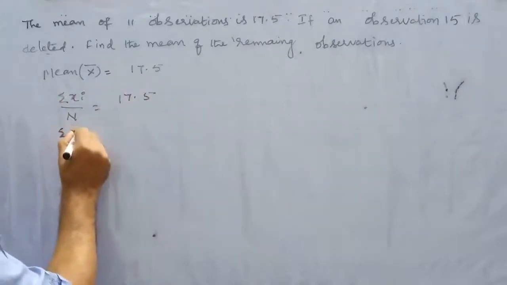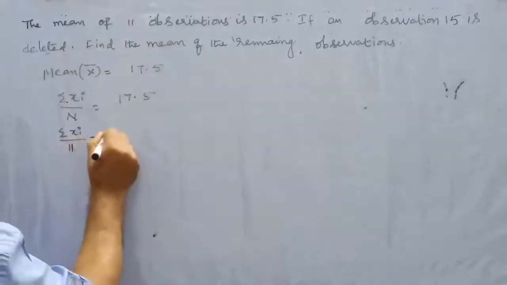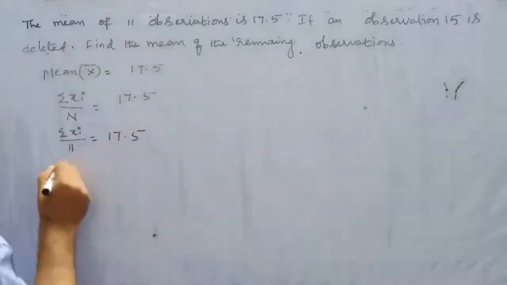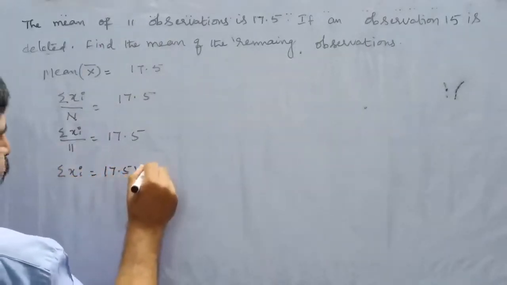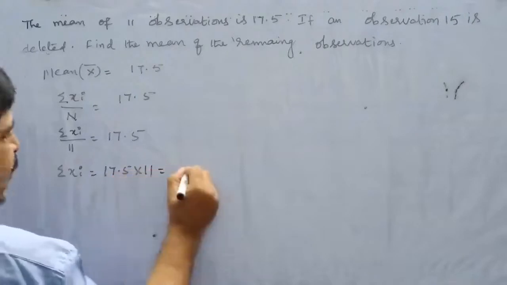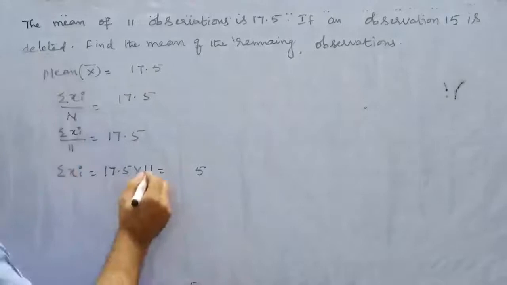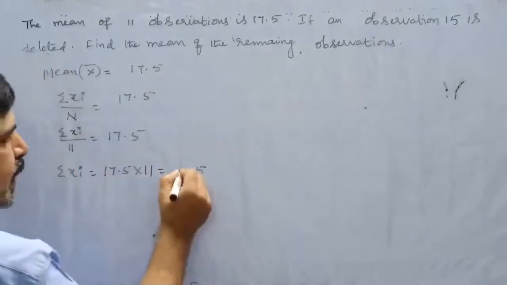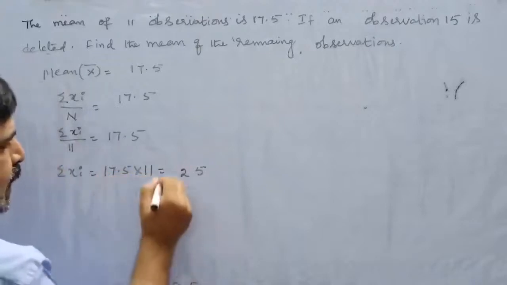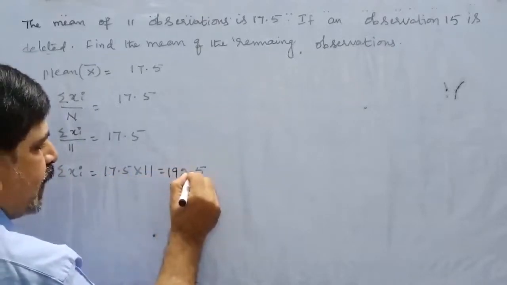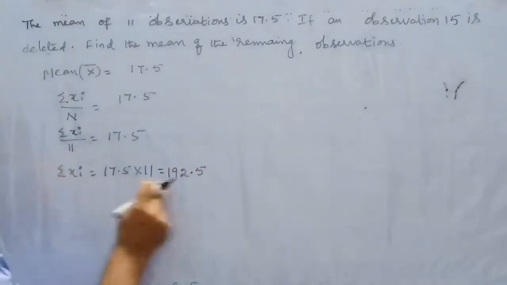The number of observations is 11, so sigma xi is equal to 17.5 into 11. 11 5s are 55, 5 remainder, 11 7s are 77 plus 5 is 82, 8 remainder, 11 1s are 11 plus 8 is 19. So that is 192.5. This is the sum of the observations.